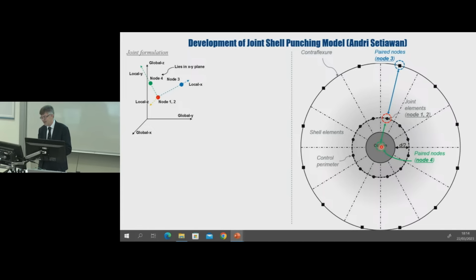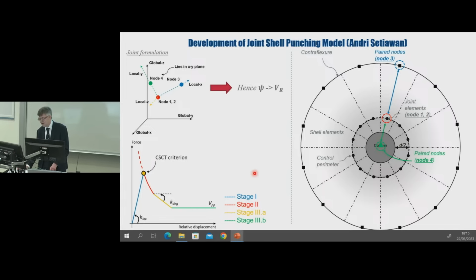So we can calculate the rotation of each sector of the slab from the difference in rotation of nodes 3 and 4. And then finally, the model is also able to simulate the post-failure punching resistance, which is useful for assessing progressive collapse scenarios.